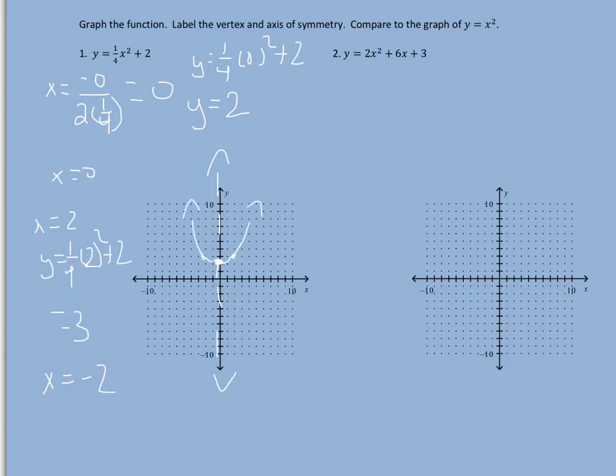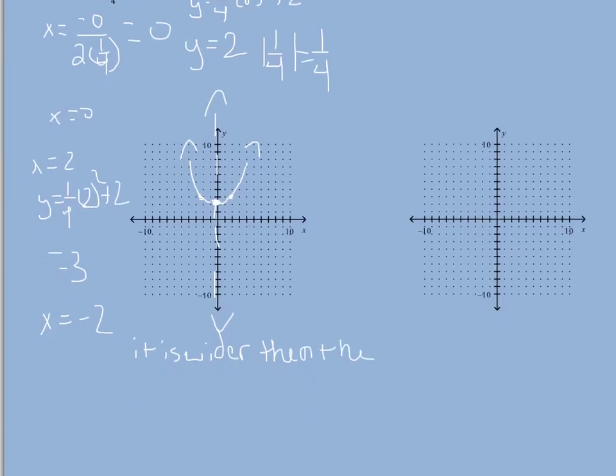Now it says compare to the graph. So what's the absolute value of 1/4? 1/4. That means it is wider than the parent function.